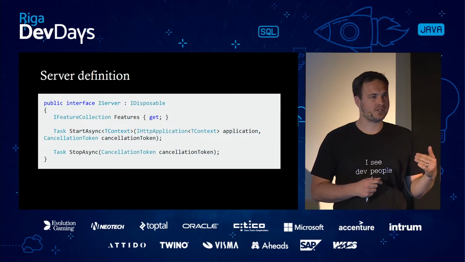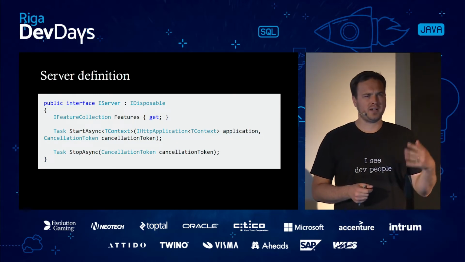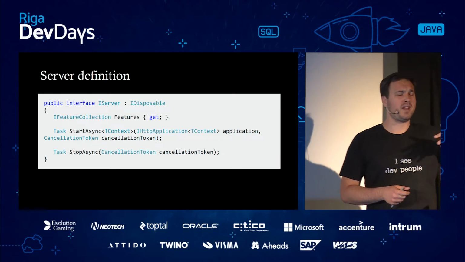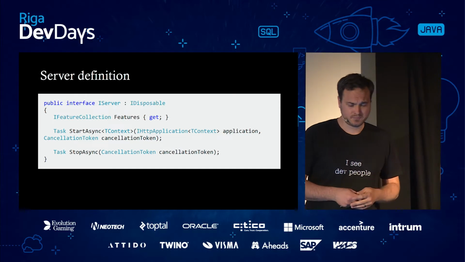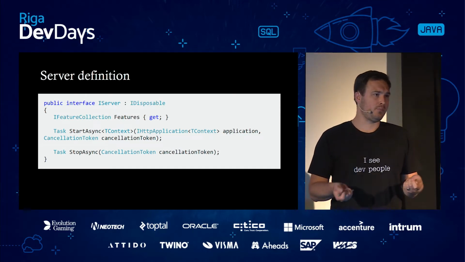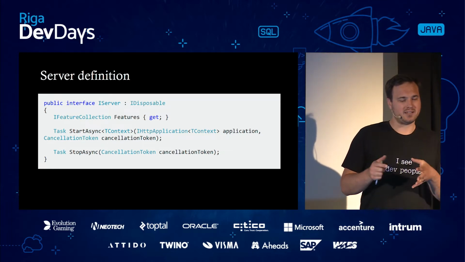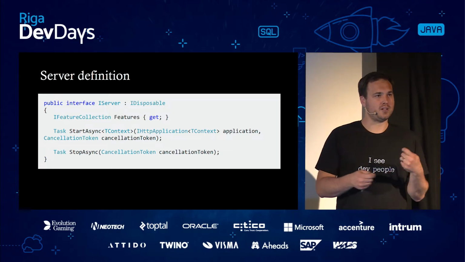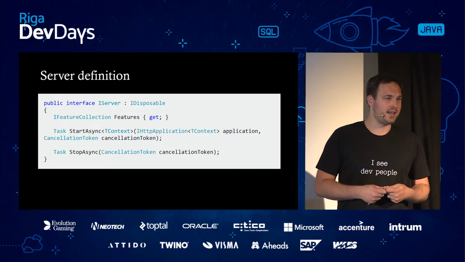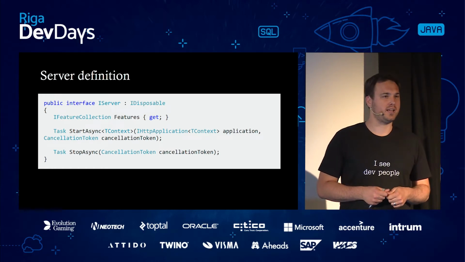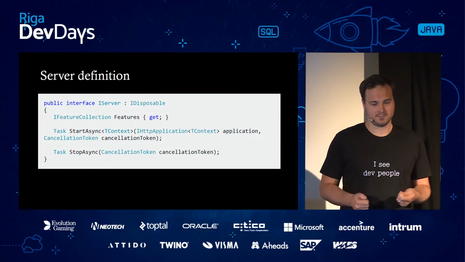You have a features collection, which can be anything. It can be a request feature, response feature, cookie feature, body feature. There are plenty of features you can implement in your server. And also you've got a start and a stop. That is it. So Kestrel underlyingly implements this interface in order to serve the application as a server. Kestrel is the cross-platform HTTP server that ASP.NET Core uses out of the box.